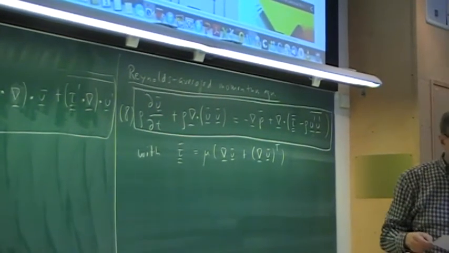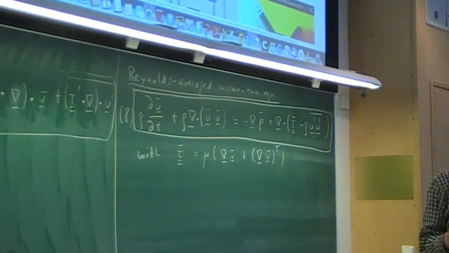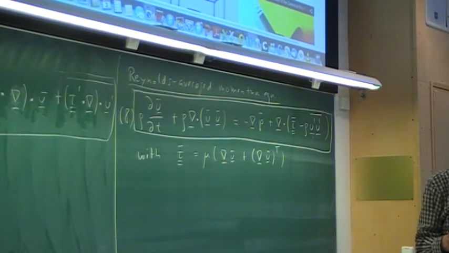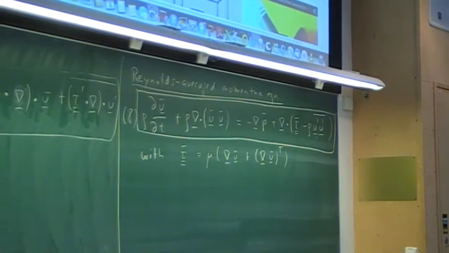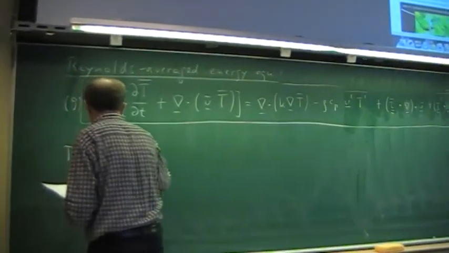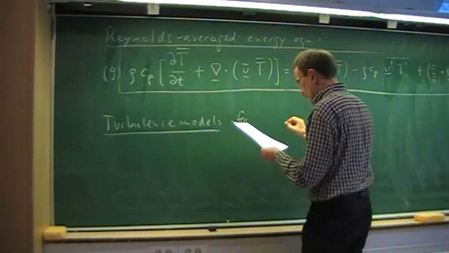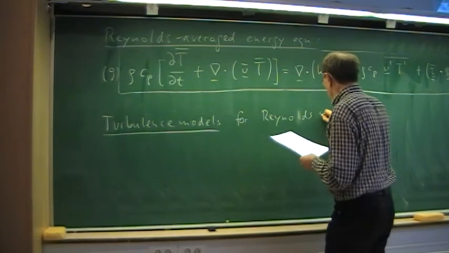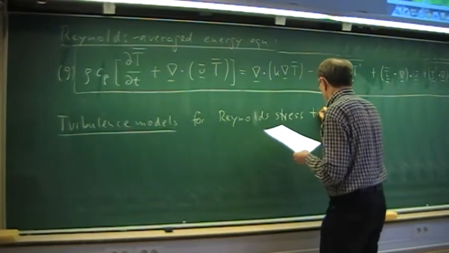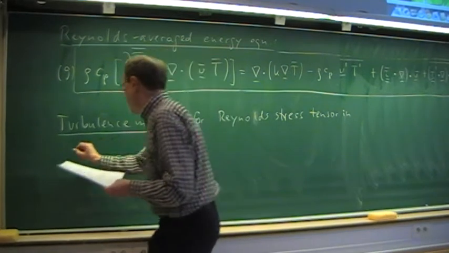And we shall see a couple of models, and we shall treat them in decreasing order of complexity. That means we take the most complex first, and then we get the less complex in the end. So turbulence models for the Reynolds stress tensor in decreasing order of complexity.